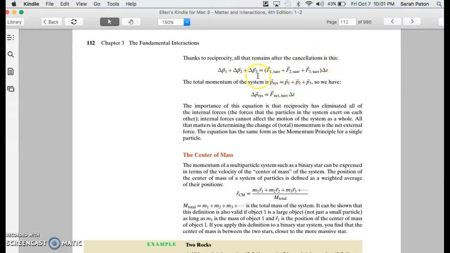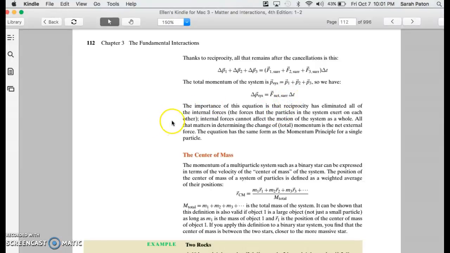And this simplifies change in P1 plus change in P2 plus change in P3 to the change in momentum of the system, and then the right side simplifies to the F net of the surroundings on the system times change in t.